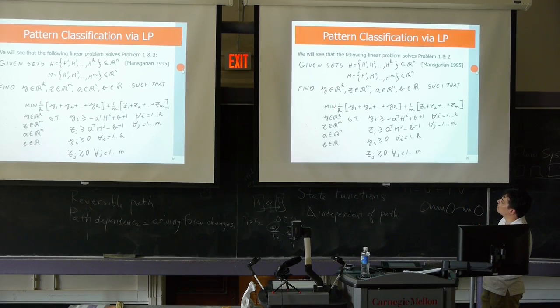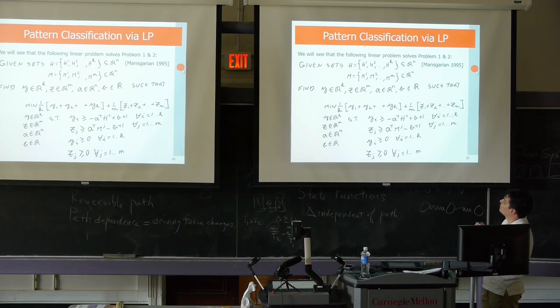So we want to minimize 1 over h times the sum of the y's plus 1 over m times the sum of the z's. So these are like errors. They will be non-negative. So y_i is always non-negative, z_j is always non-negative.